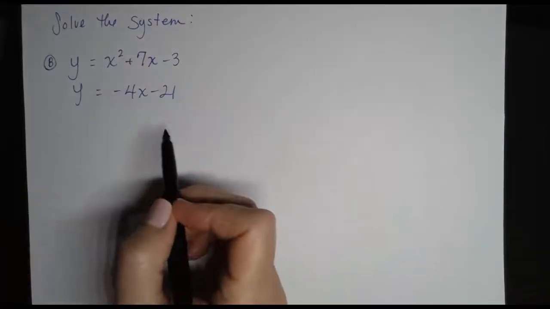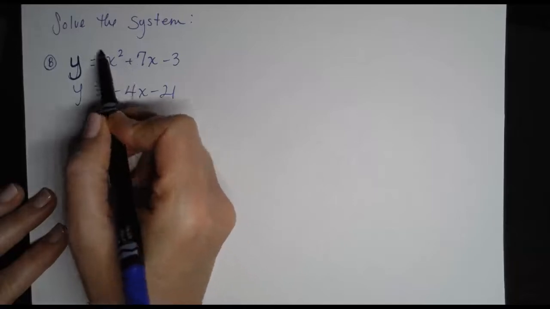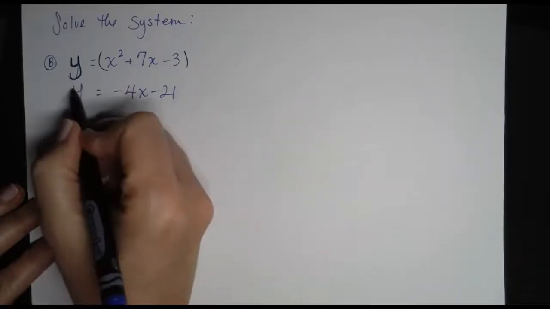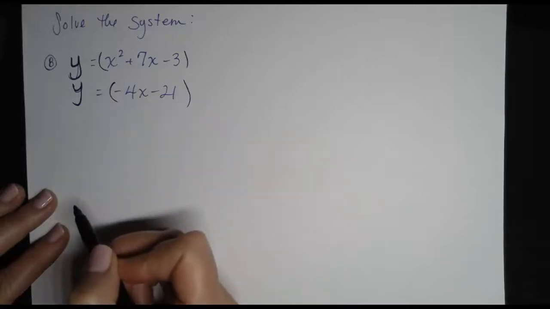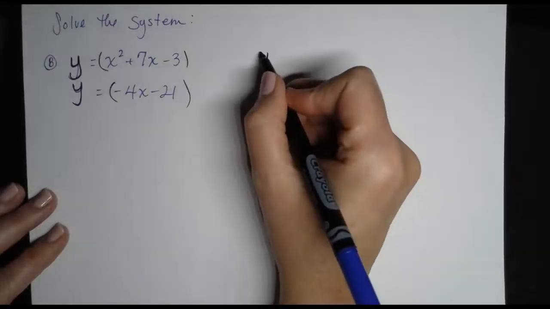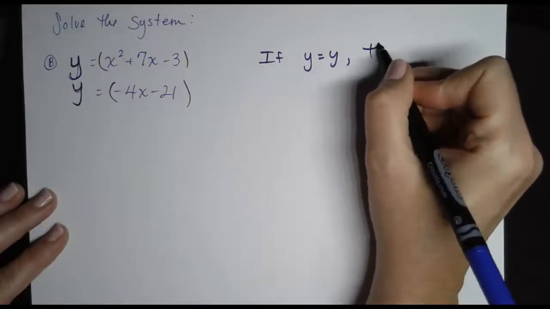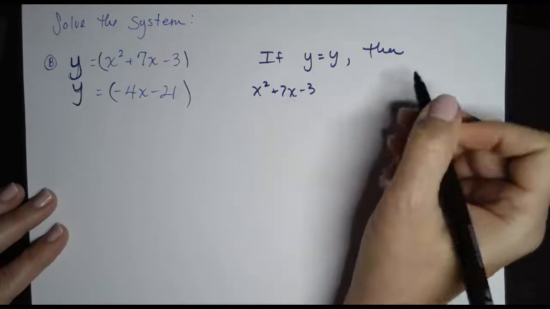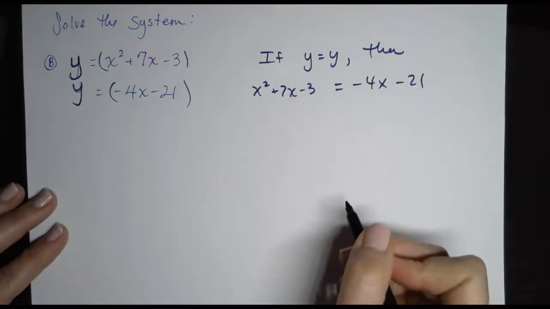So look at what we have here. We have y equals x squared plus 7x minus 3. We also know that y is equal to -4x minus 21. So if y is equal to y, then x squared plus 7x minus 3 must be equal to -4x minus 21.